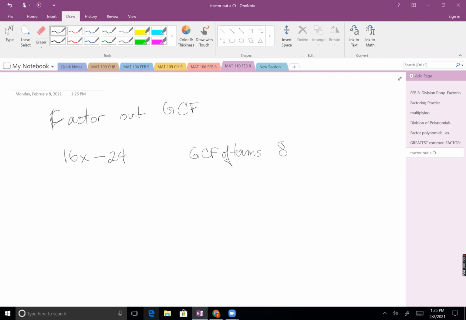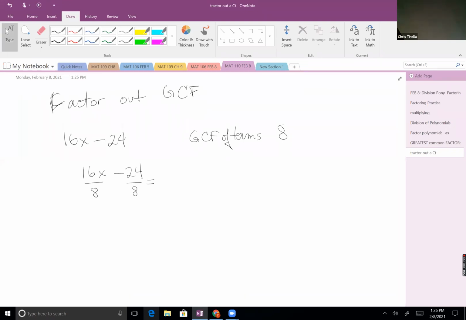And they both don't have the same variable. So I'm going to take that and divide by 8, which has the effect of dividing each term by 8. And that leaves me with 2x minus 3.